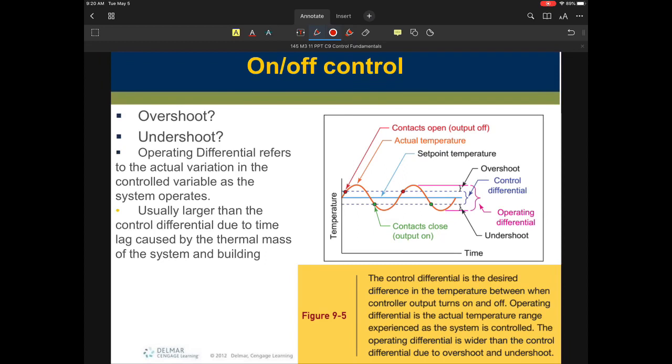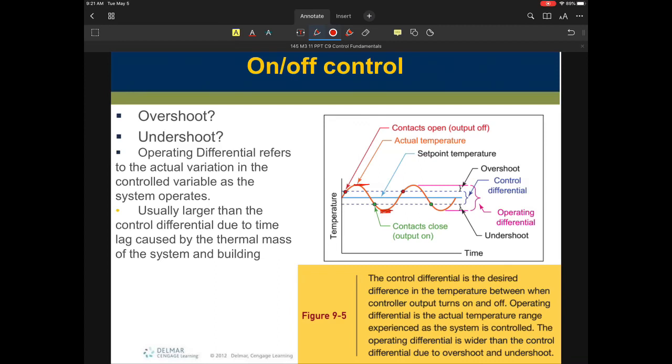So certainly one of the things that I have to concern myself with, with any type of system, is: is it overshooting, is it undershooting, what is it doing? And the note that I made here is that the operating differential refers to the actual variation of the controlled variable as the system operates.